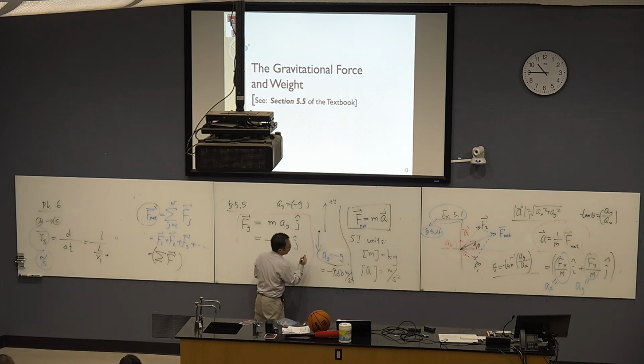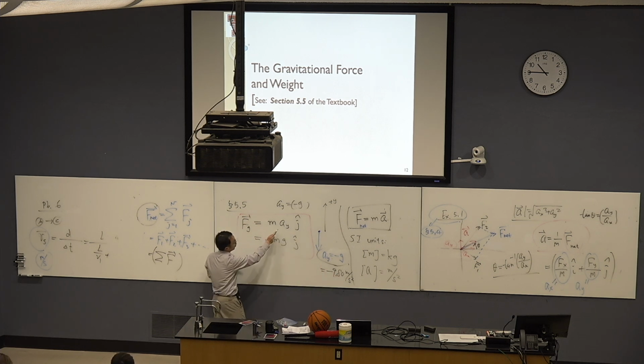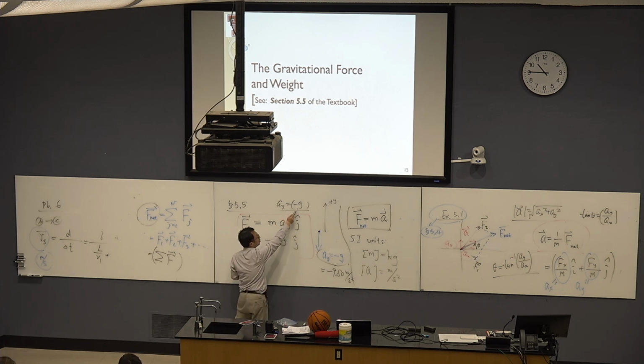So don't get confused by the notation. Positive y is up. Okay? So that's why ay should be negative. So ay is negative 9.8 meter per second squared. So always consider ay as negative g. Right? But g itself is positive. I think you are familiar with this.